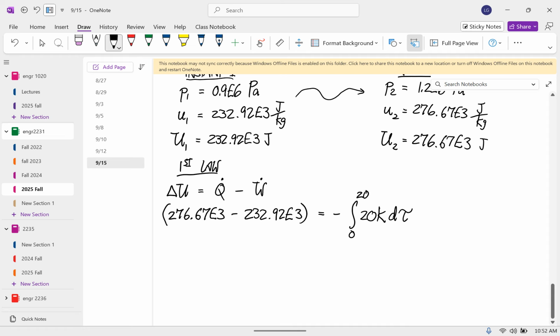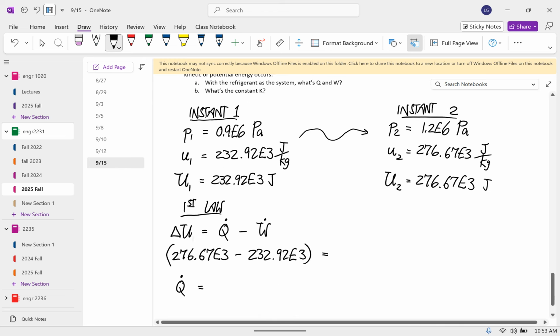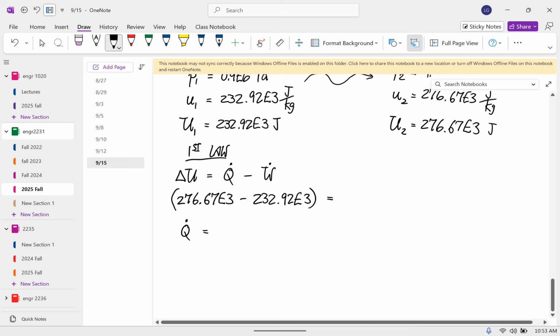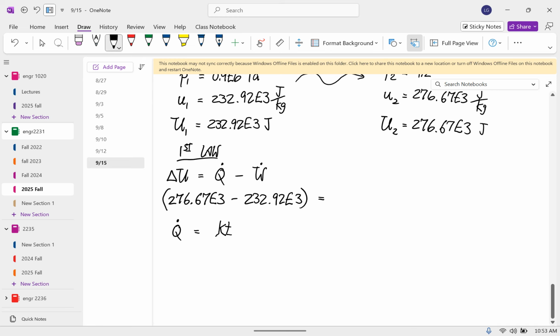Okay, so let's think about this. So we have Q dot. Let me erase this for a sec. We have that Q dot is equal to KT. And then we want to integrate that. So Q is going to be the integral from 0 to 20 of kt dt.